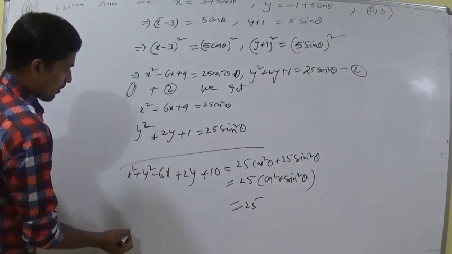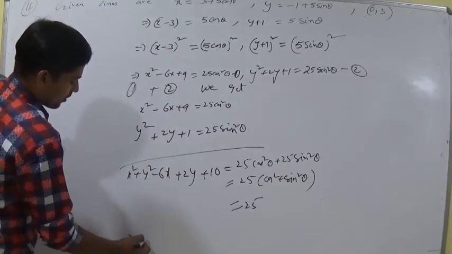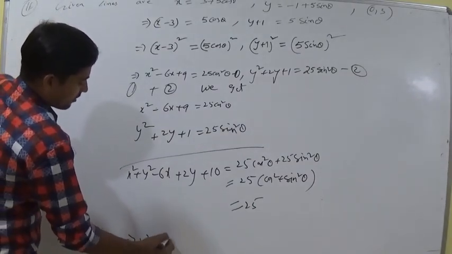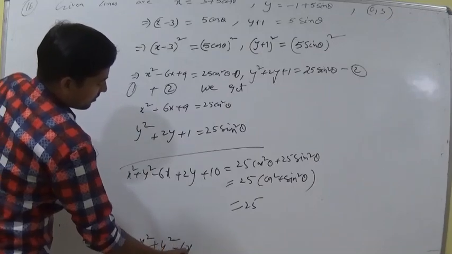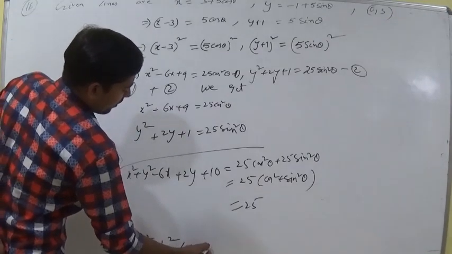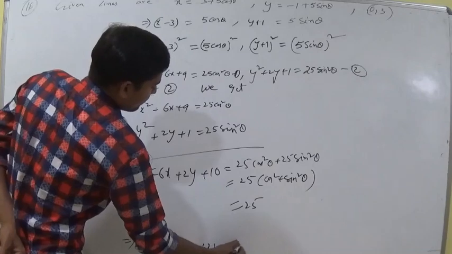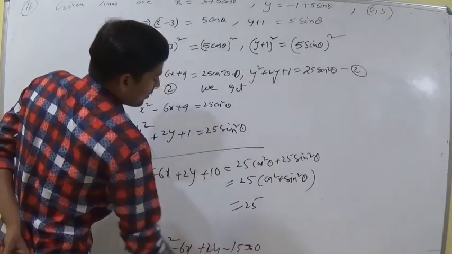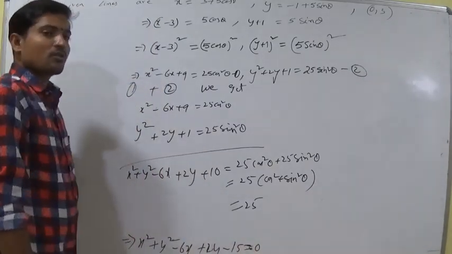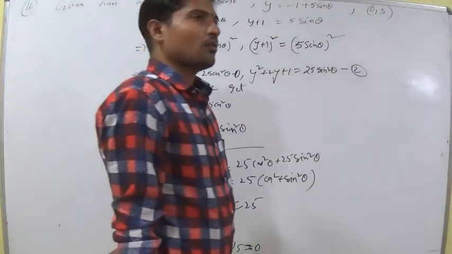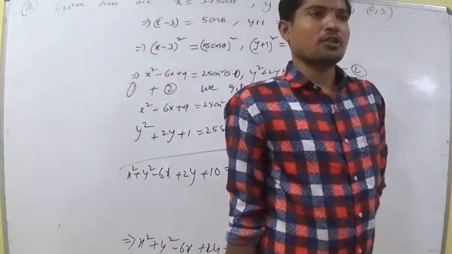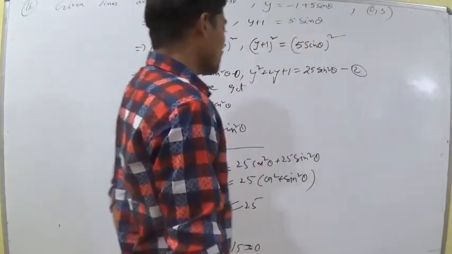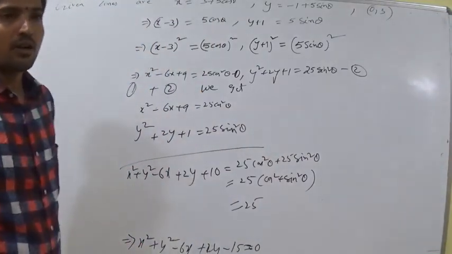So implies x square plus y square minus 6x plus 2y minus 15 equal to 0 is the equation of a circle. Now the equation of the tangent to the circle is S1 equal to 0.